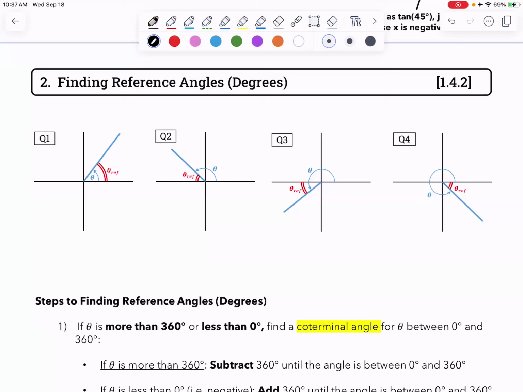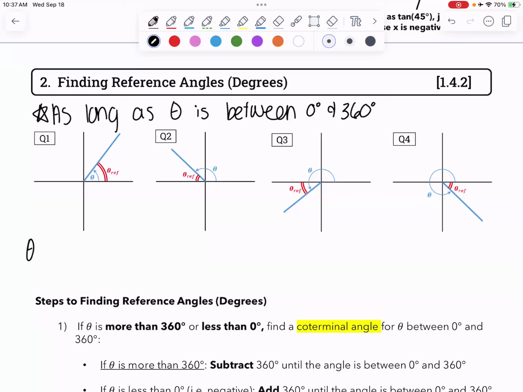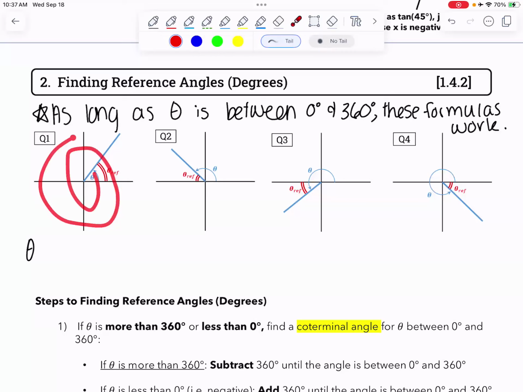So in quadrant 1, here's the nice thing. I need to make this note here: as long as theta is between 0 and 360 degrees, these formulas will work. While it doesn't matter how you get here, the reference angle will be the same regardless of how you got there.